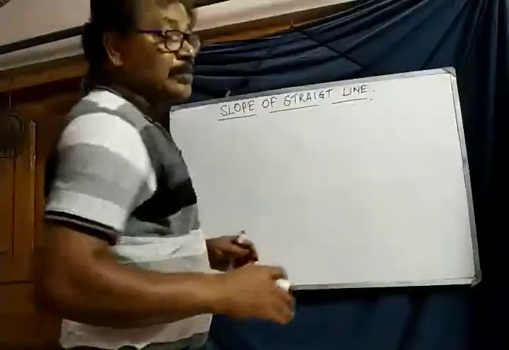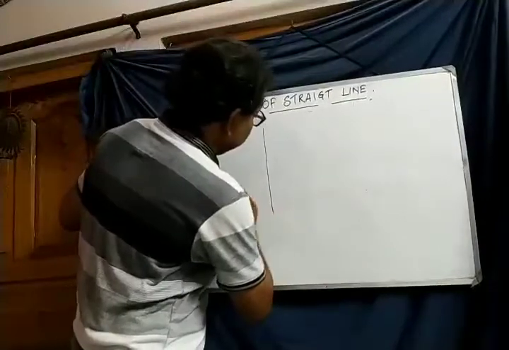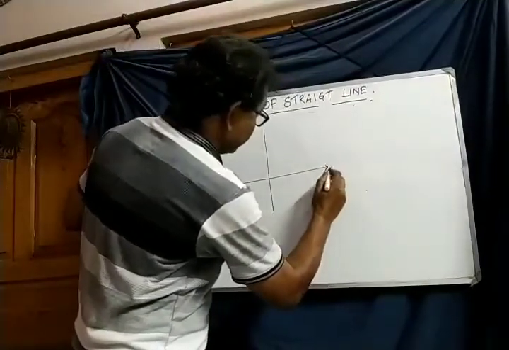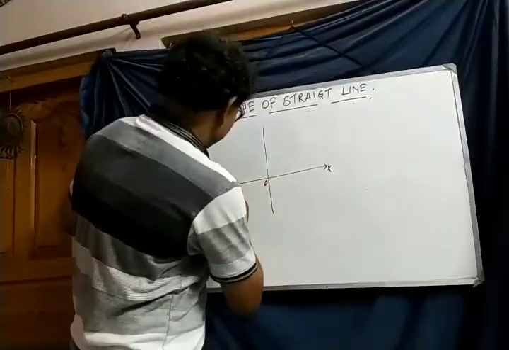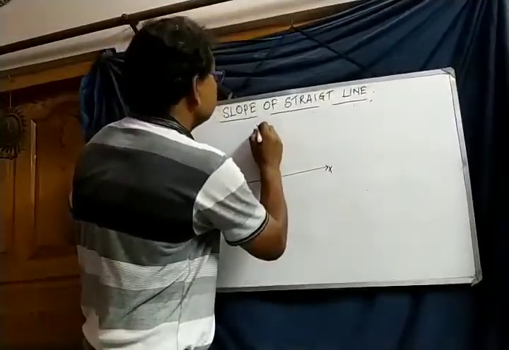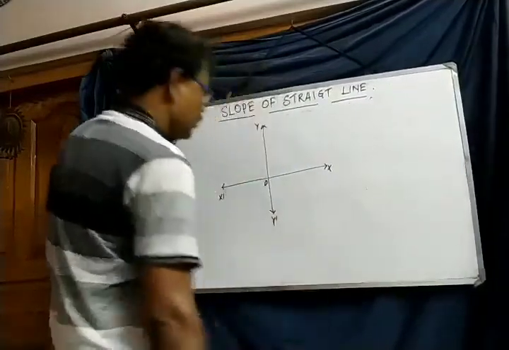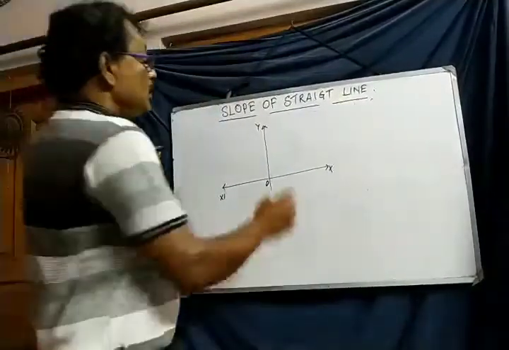When 2 points on the straight line are given, the figure is that this is the Cartesian system, x o x dash, y o y dash. There is a straight line.